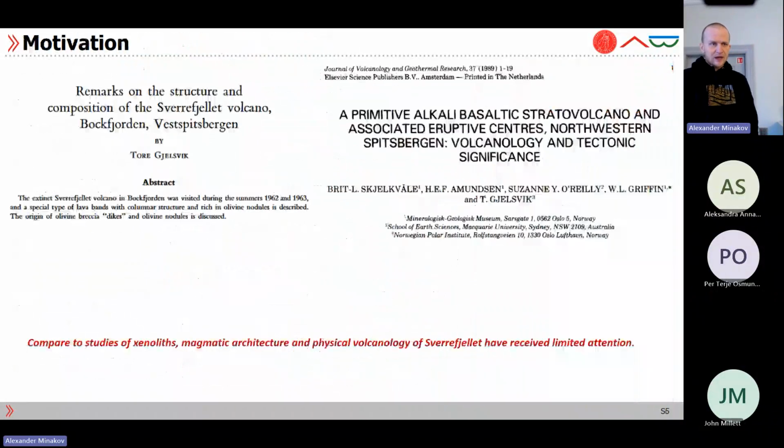But compared to that, works on the physical volcanology and magma emplacement processes were quite limited. At least what I found in the literature was one paper by Ture Herzvik from 1963, which is quite short because I think it wasn't the primary focus of their trip, and also a very nice paper by Britt Lise from her master thesis, more than 30 years ago.